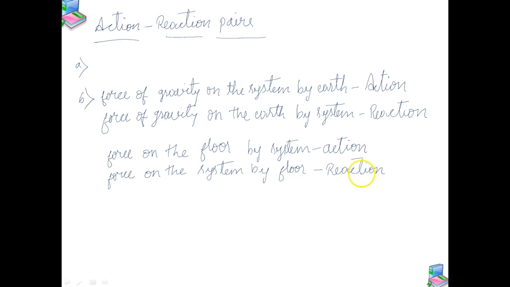So in addition, for B, the force on the block by the cylinder and the force on the cylinder by the block, they also constitute an action reaction pair.